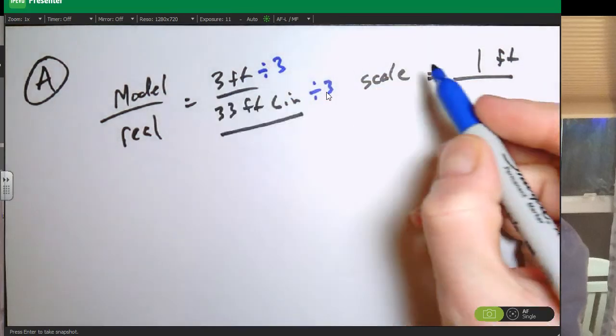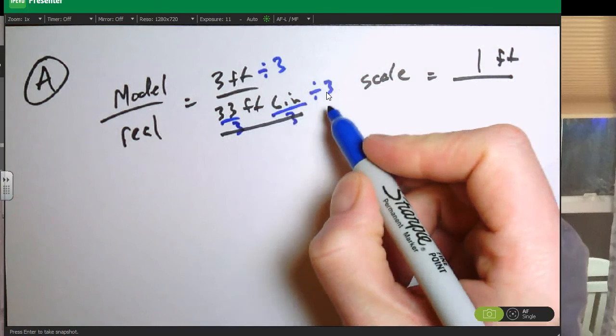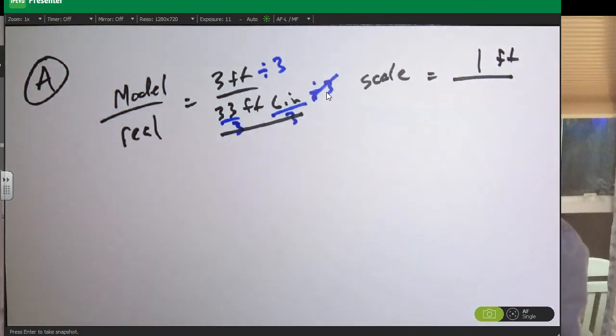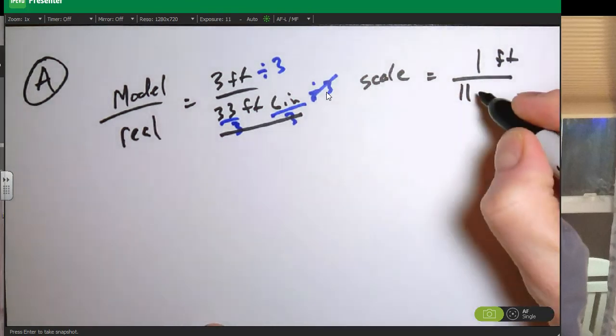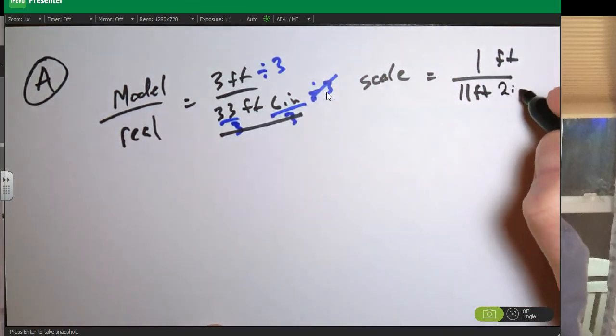Now, when I do that, 3 divided by 3 is 1. This one, I divide both parts separately, and luckily for us, they are both divisible by 3. 33 divided by 3 is 11 feet, and 6 divided by 3 is 2 inches.